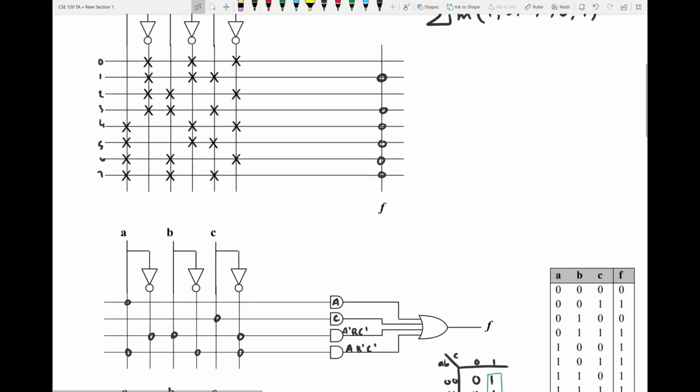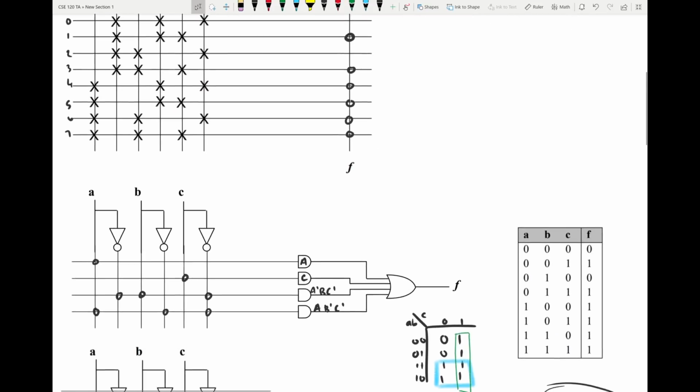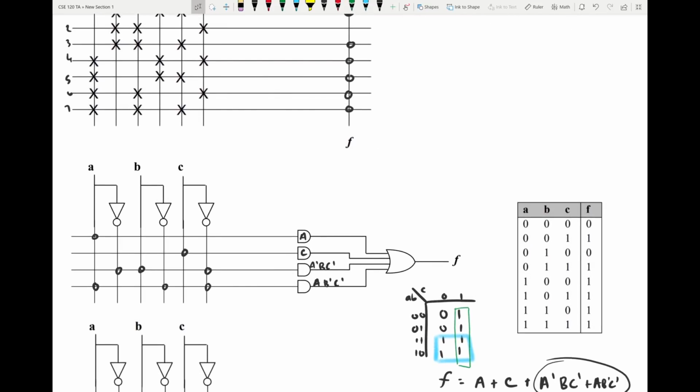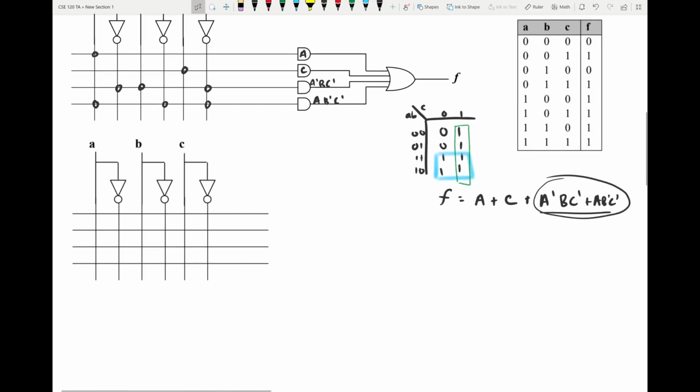So the mock final actually didn't include it, but there is another kind of programmable chip that we learned about. This is the PAL, and that is the PLA. Now the PLA is cool because you get to program the whole thing. It's not just where you get one side and the other side's fixed.